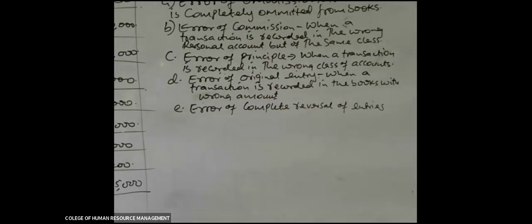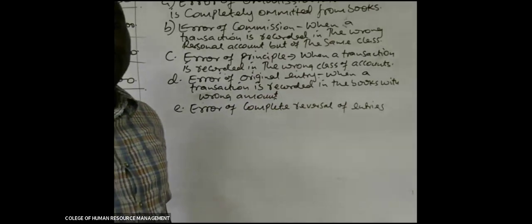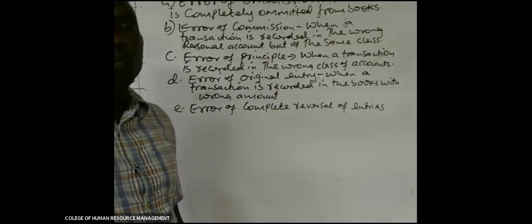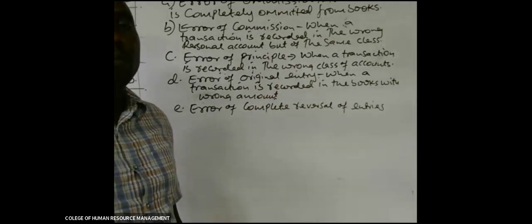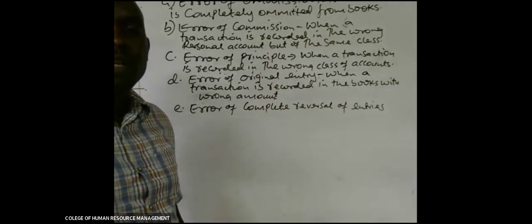This error is when you do the opposite. The account which you are supposed to debit, you find that you have credited. And the account which you are supposed to credit, you find that you have debited. You do the opposite in simple terms.